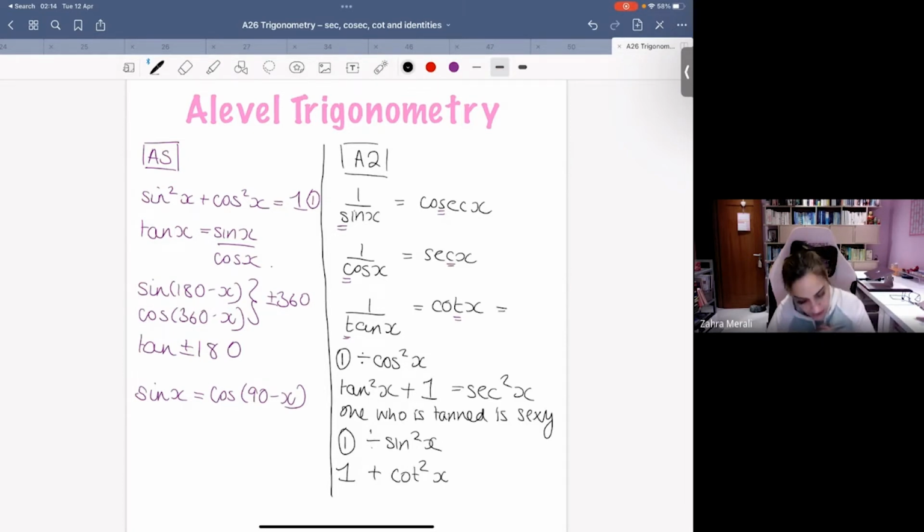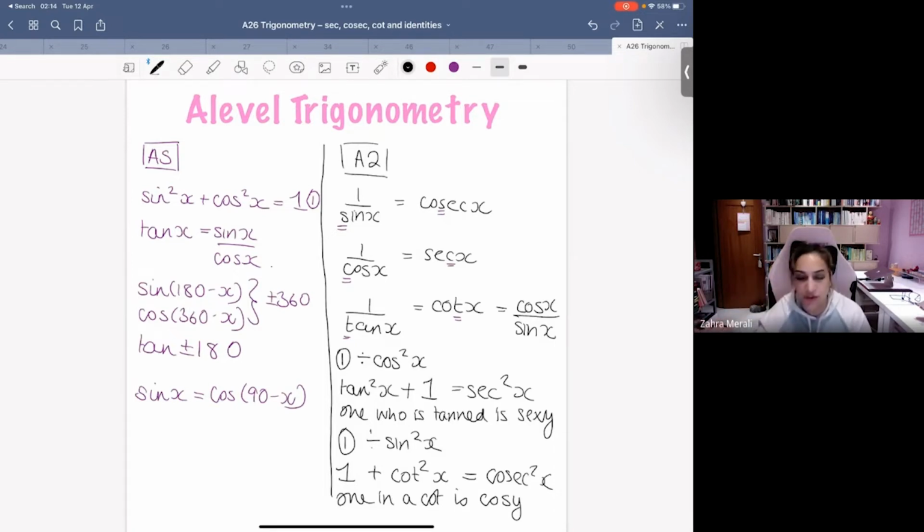So cot x we can also write as cos x over sine x. And then we'll have 1 divided by sine squared, so cosec squared x. So 1 in a cot is cozy. So those are my A2 identities.